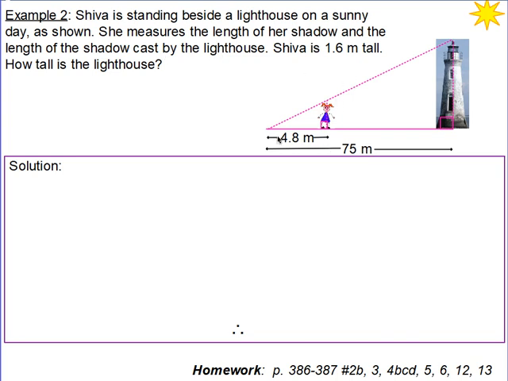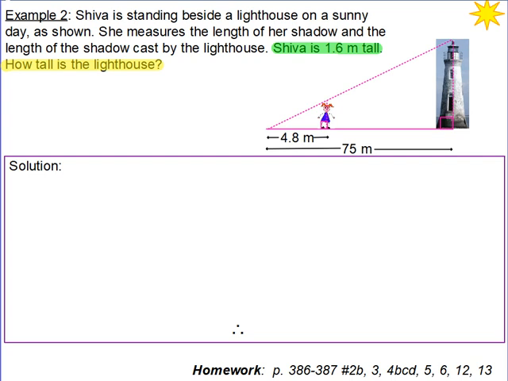So it looks like Shiva measured her shadow to be 4.8 meters, which is already in the diagram. And then the shadow from the base of the lighthouse to where Shiva's shadow and the lighthouse shadow meet looks like it's 75 meters. Then they give us one tidbit of info. They tell us that Shiva is 1.6 meters tall. The question asks, how tall is the lighthouse?